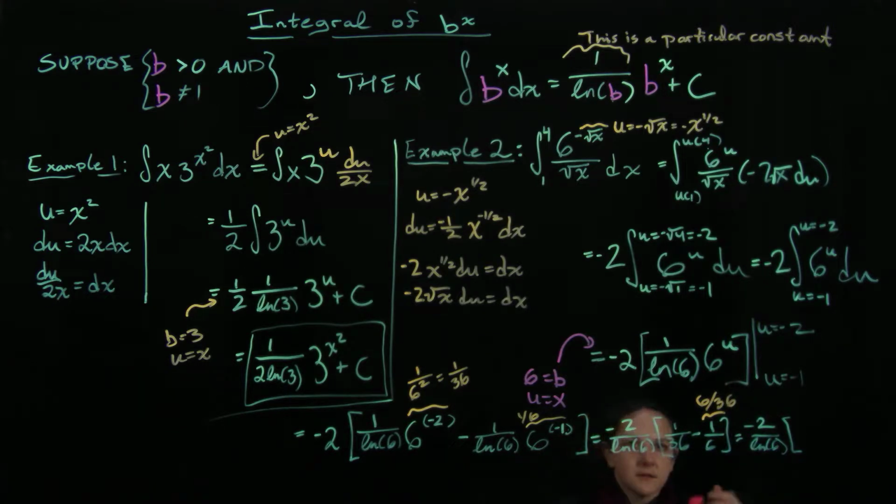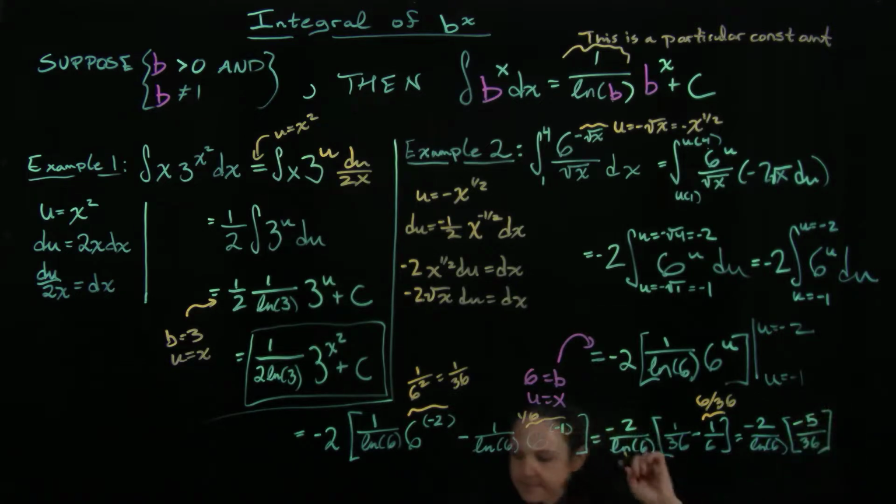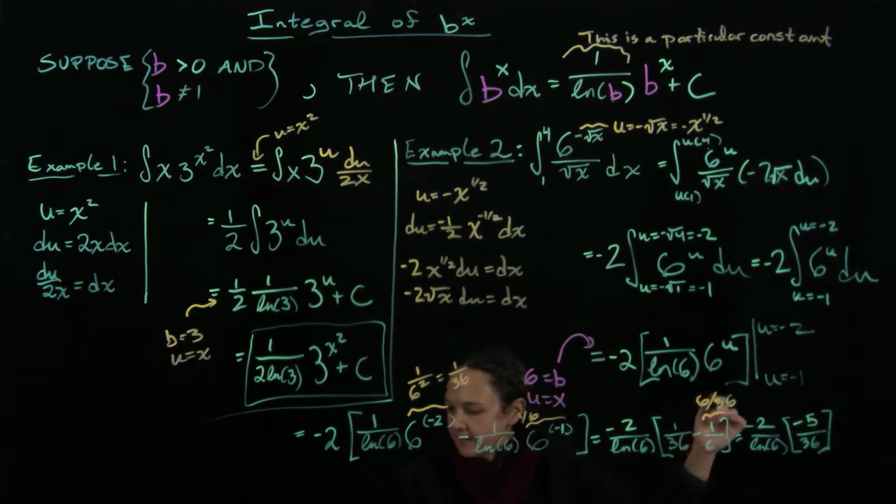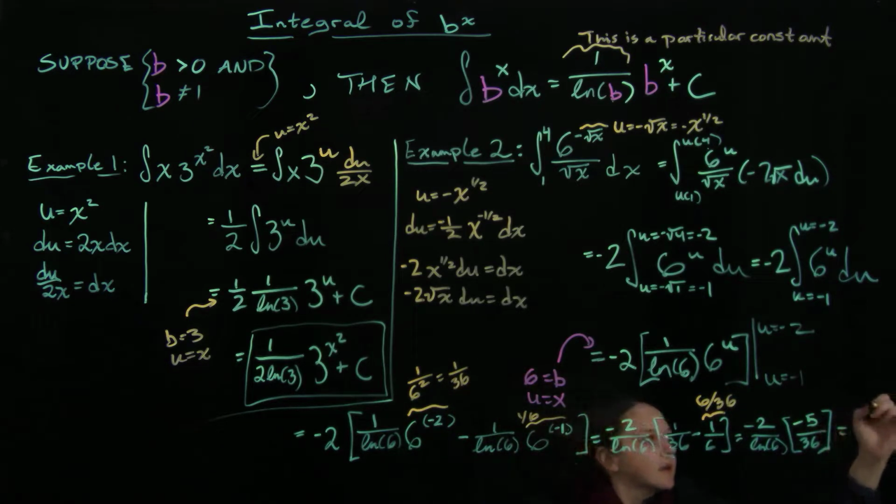And so I'm going to multiply this by 1 minus 6, which is minus 5 over 36. And so this is just going to give us 5 over 18 times the natural log of 6. And we're done.